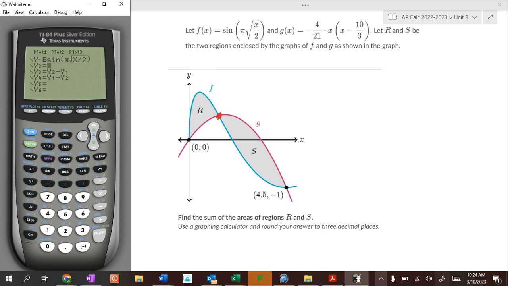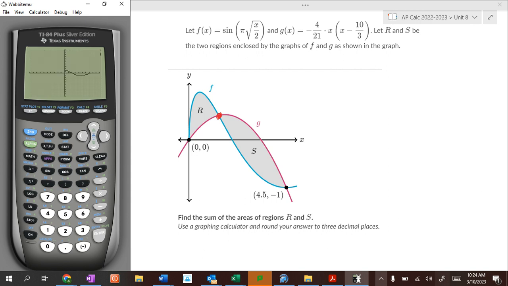And then negative 4 over 21, close that parenthesis for that fraction, x, parentheses, x minus 10 thirds, close that parenthesis. Let's see what that graph looks like.